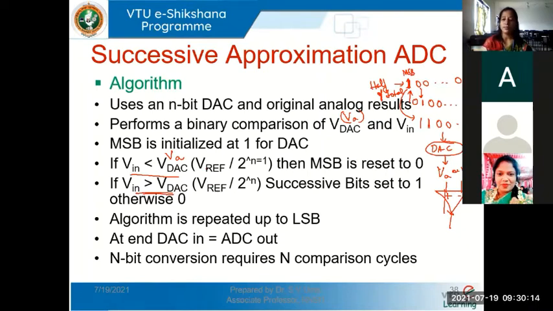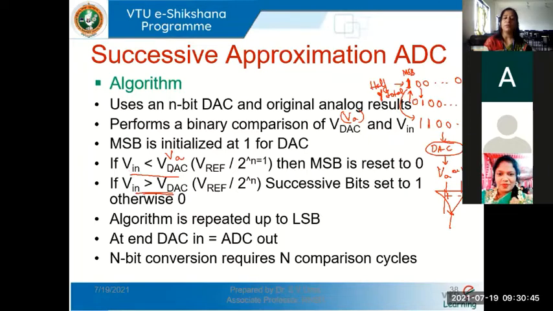So what are the steps? First step is to set the successive approximation register output at half the highest output value. The highest output value will be all ones. Half of that means the MSB bit will be 1. Make the MSB bit 1 and all other bits 0. Convert that to analog using the DAC and compare that DAC output voltage with the actual input voltage using a comparator.